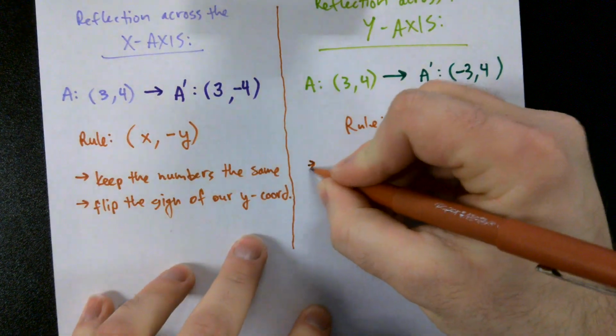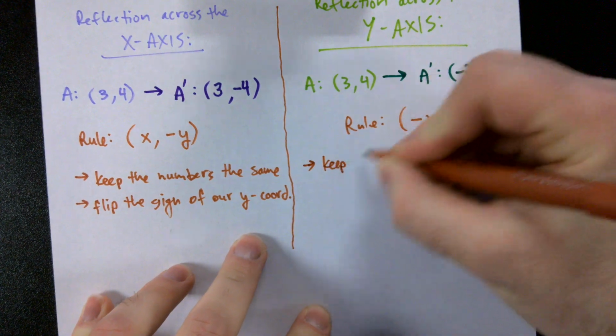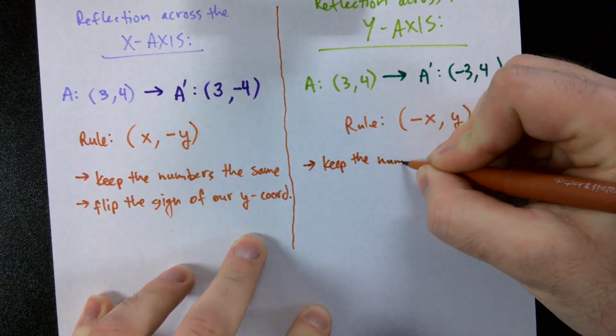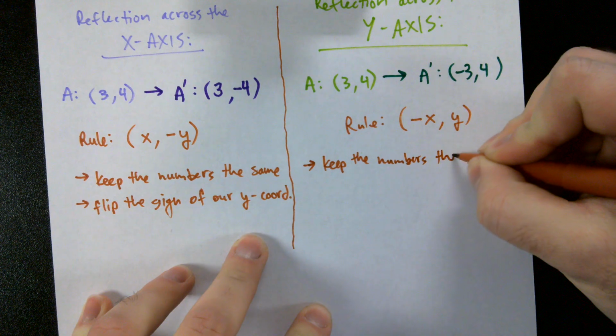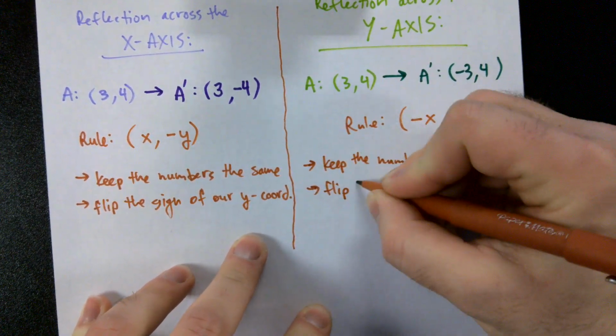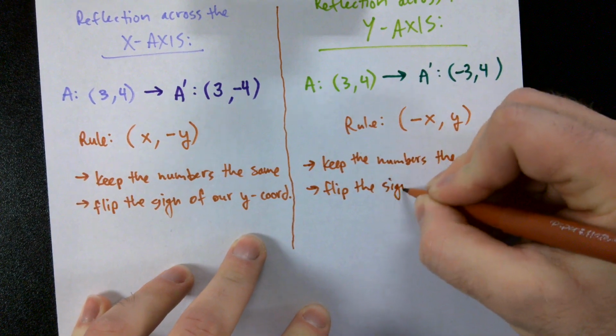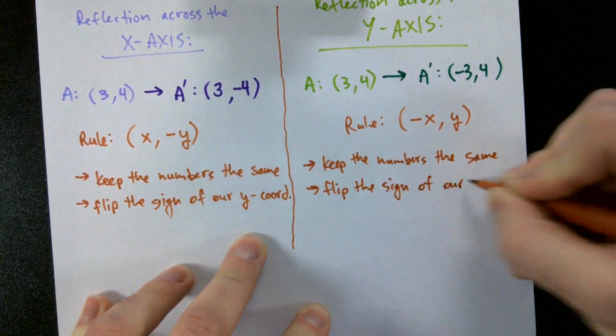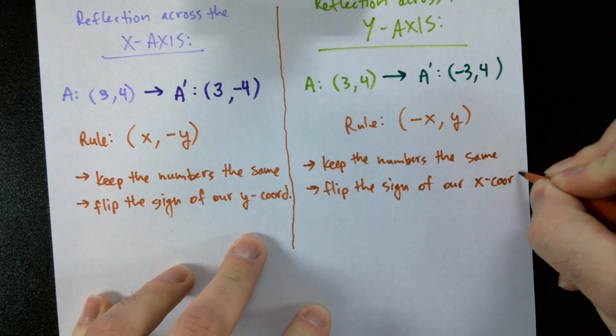So we're going to once again keep the numbers the same, but we're going to flip the sign of our x-coordinate.